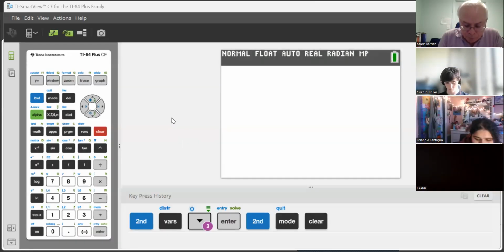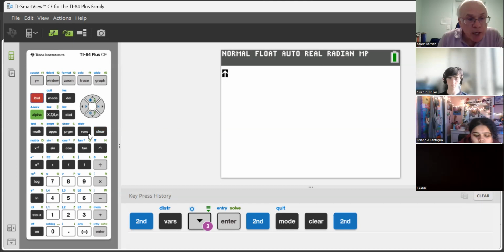All right. So where do we find the t-distribution? We find it in the same place we found the normal distribution. And if you remember, we did the binomial. All of those probability distributions are in the same place.